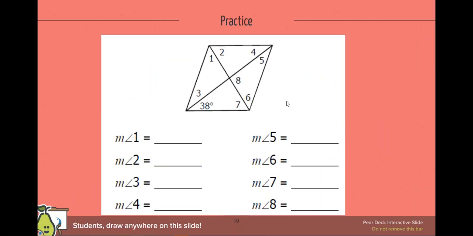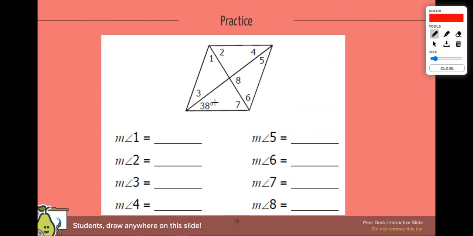Okay, let's check out some angles, shall we? So if I'm looking at the angles, I've been given 38. Here is 38. That gives us some information. We know that angle 4 has to be 38.